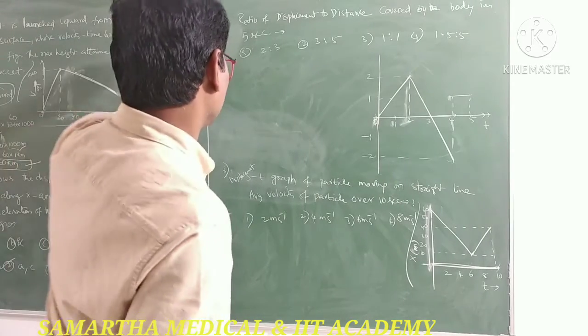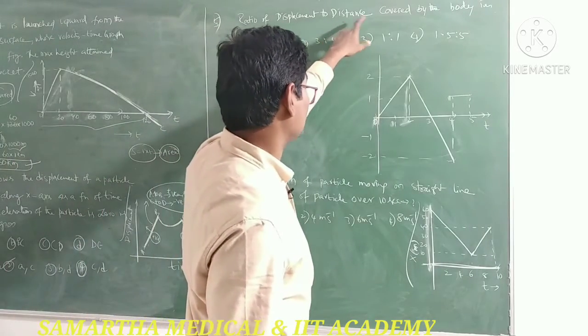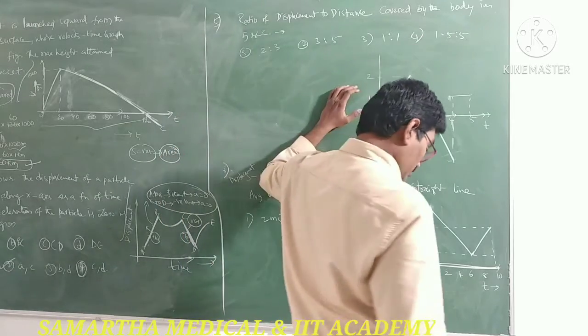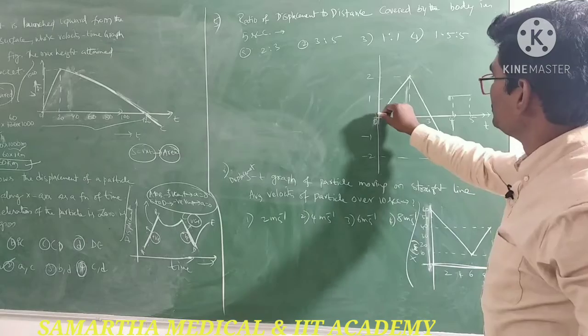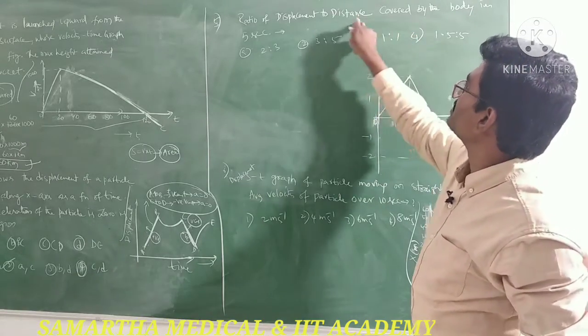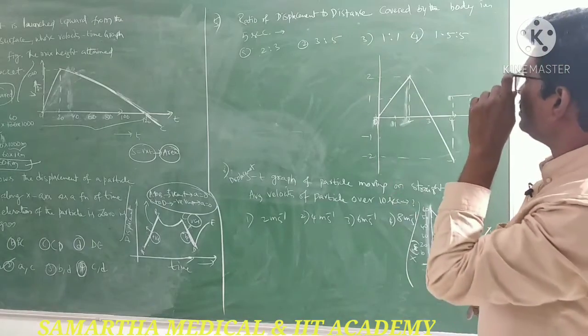Right? Next, go to another question. Next question: the ratio of displacement to distance covered by a body in 5 seconds. A body is projected, so a particle or a body. They are asking for the ratio of displacement to distance covered by the body during the 5 seconds.